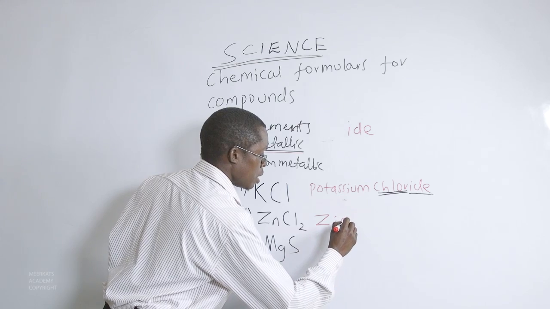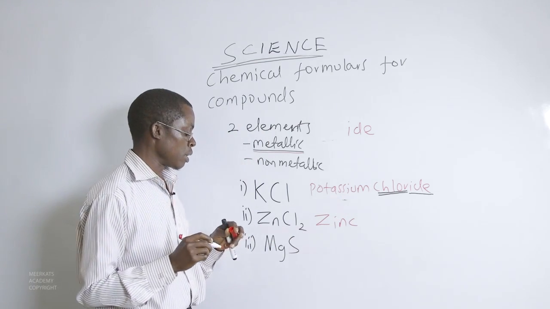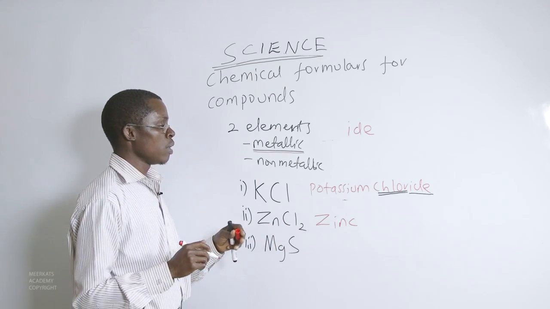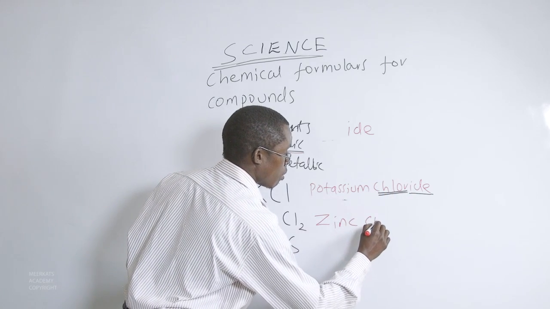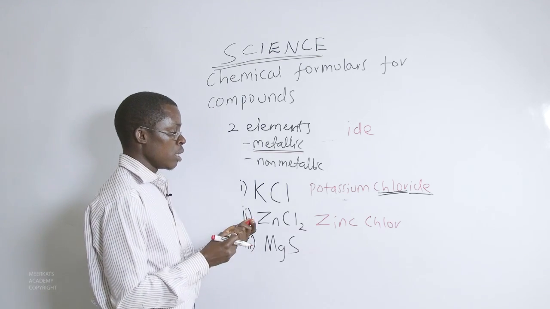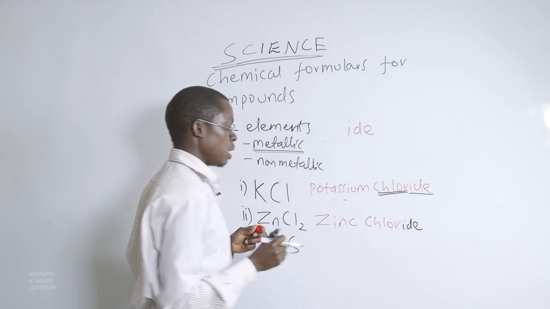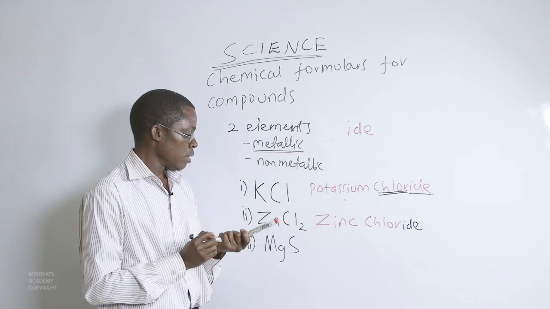Remember, the first element carries the full name, zinc. The second one carries a portion. We have seen for chlorine we take up to R, so we have chlor. Then we fill in with our IDE, giving us zinc chloride.